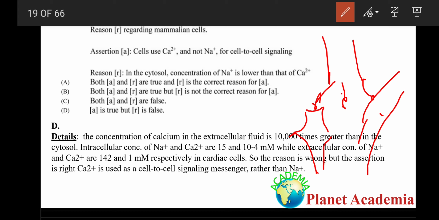At the NM junction and neuron to neuron, calcium is involved in passing signals. Here basically acetylcholine is used. That's the detail part, and we will see it in another video or in regular classes.